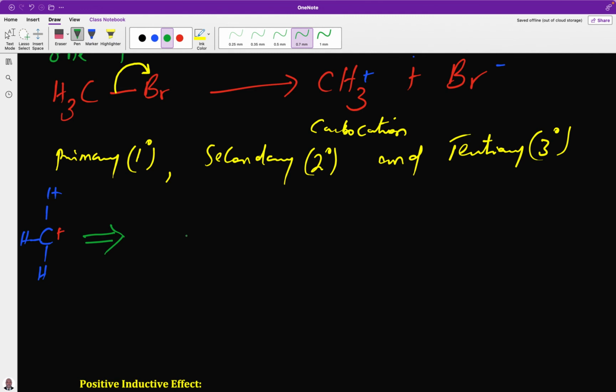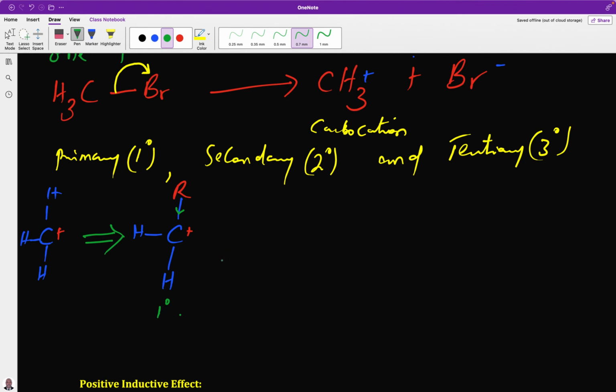This is a primary carbocation. See the movement of the arrow. We call it a primary carbocation.